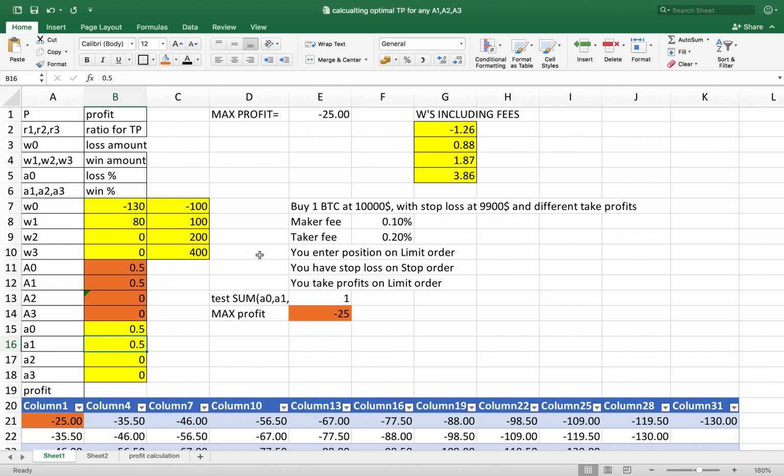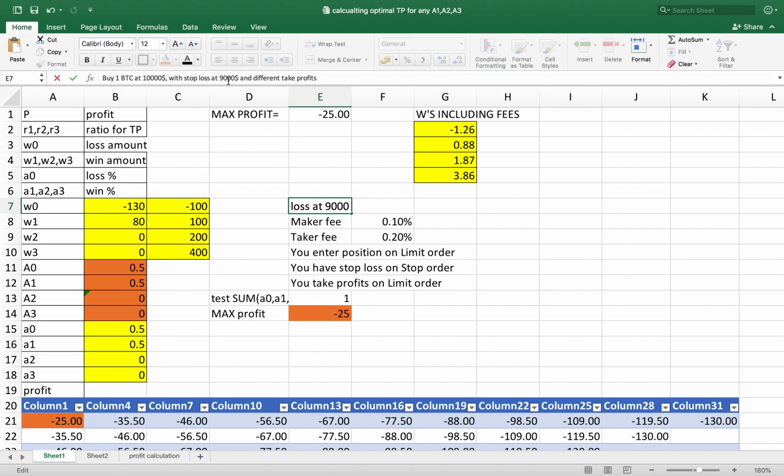So let's make some other examples. Let's say that you are more of an investor, and you say, you know what, $100 in the change of the price is not too much. Let's say I buy at 10,000 and my stop loss is actually going to be at 9,000.